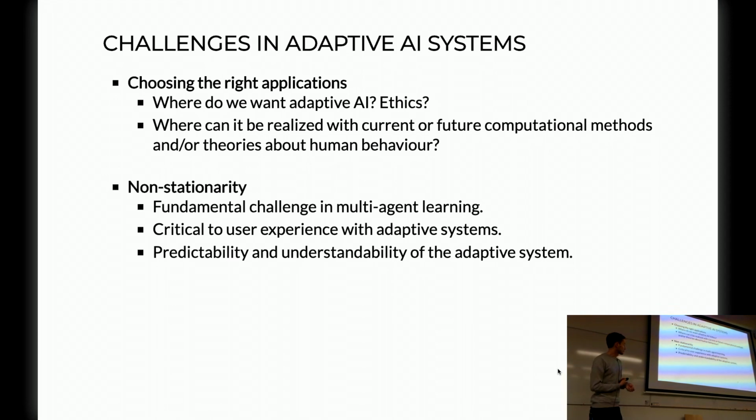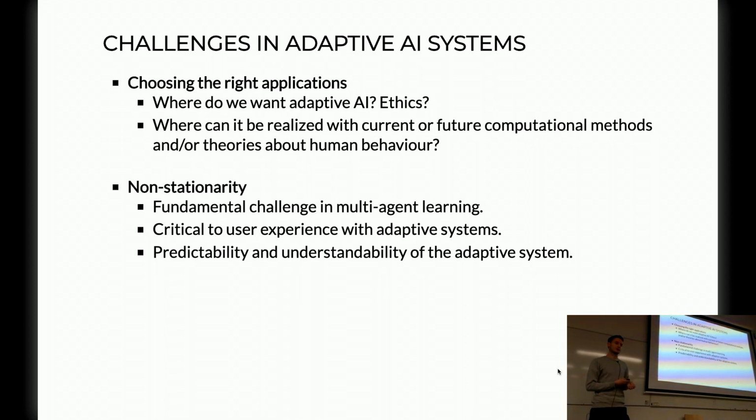So another problem is non-stationarity. That is a fundamental problem in multi-agent learning: if you have many agents that are all learning, their behavior is changing, then it's difficult from a computational perspective, but this is also difficult for the user experience of adaptive systems.